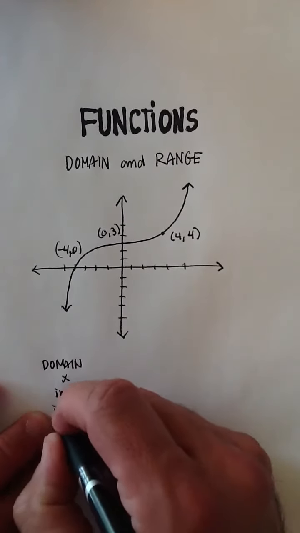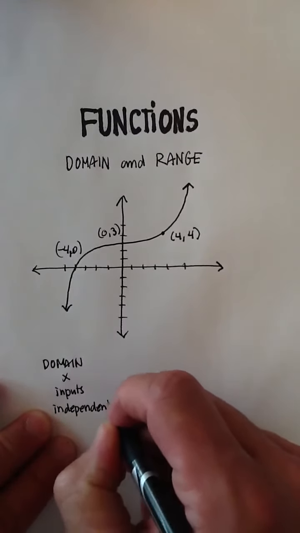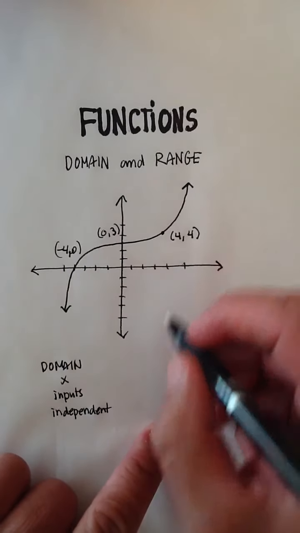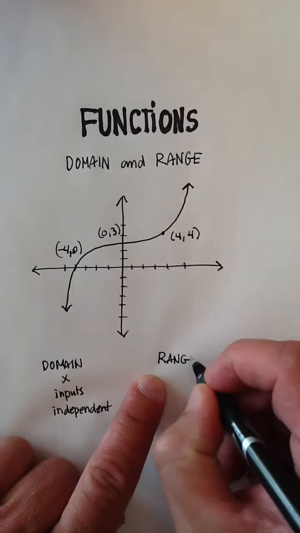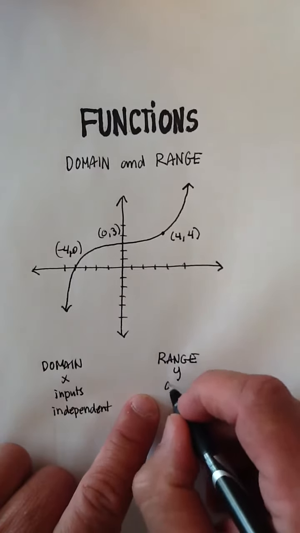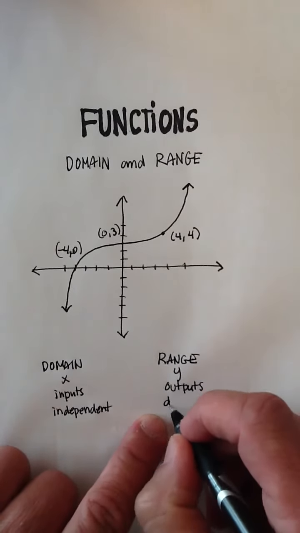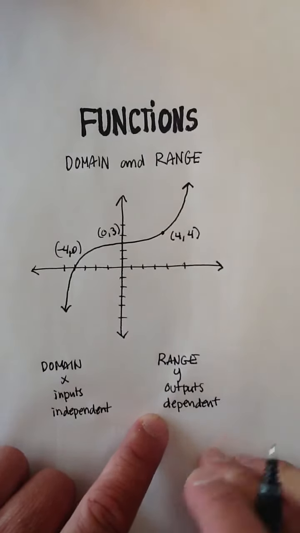We also called them all the independent values, or the independents, right? Over here, the y values are the range. So R-A-N-G-E. And we said that those are the y's. We also called them the outputs, and we also called them the dependent values. Okay?